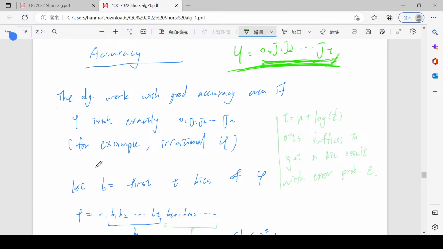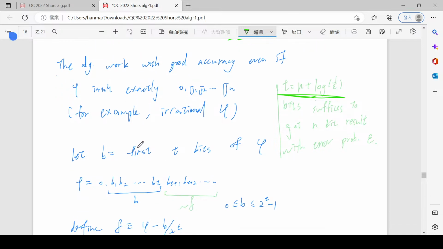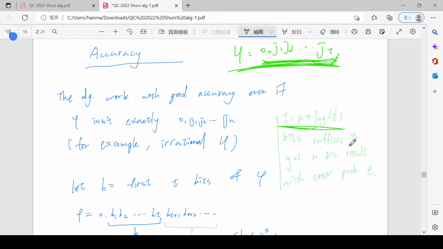So the quick answer is that if you want your answer to have an error epsilon, then you will need to use the number of bits t equal to n, which is the number of bits of precision you want, plus log 1 over epsilon.